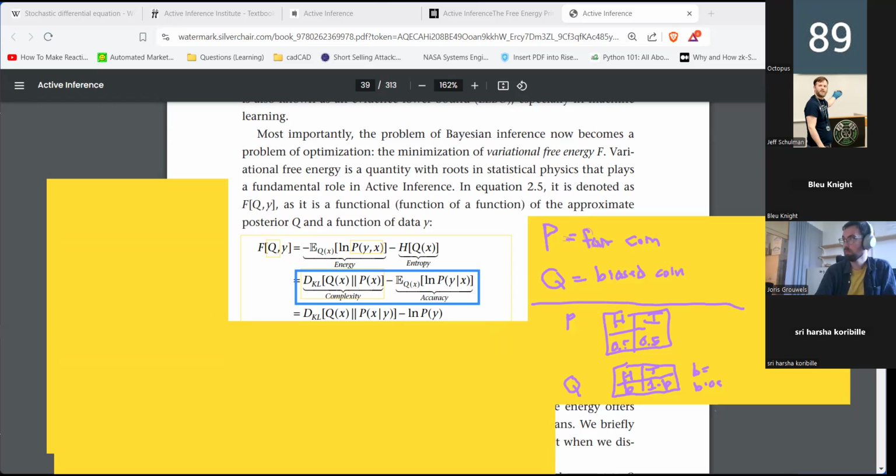If my memory serves, this is equal to the sum over our possible outcomes.